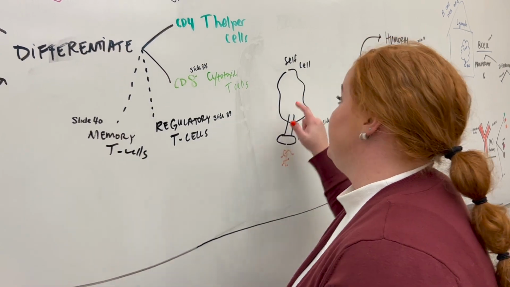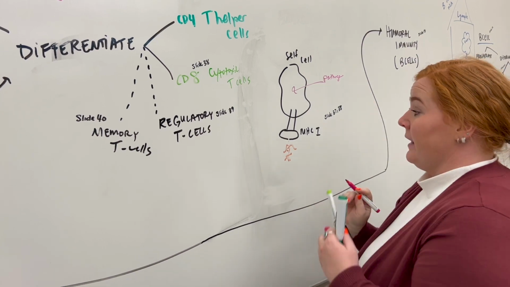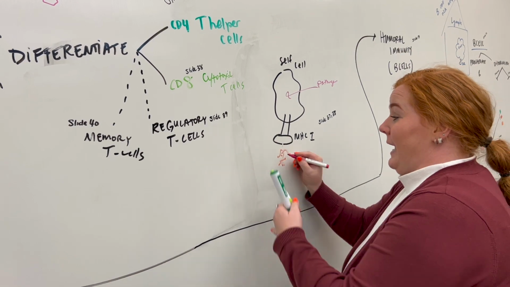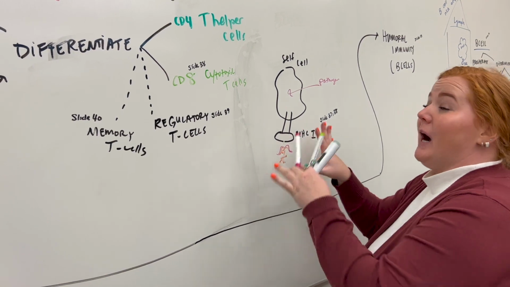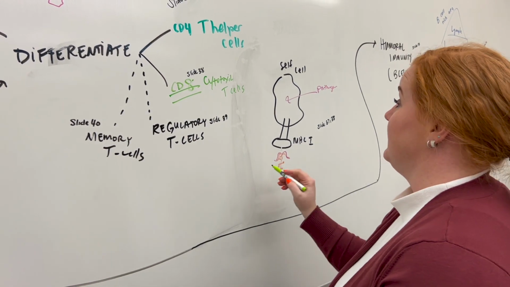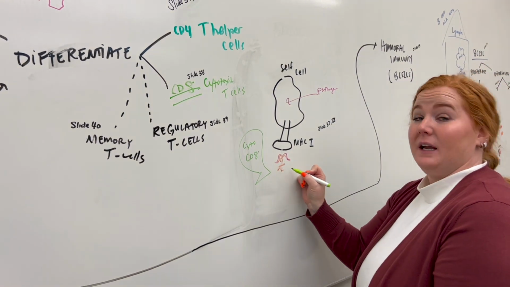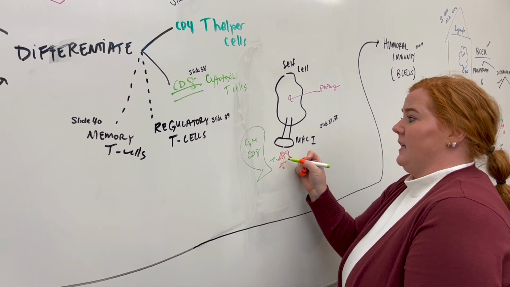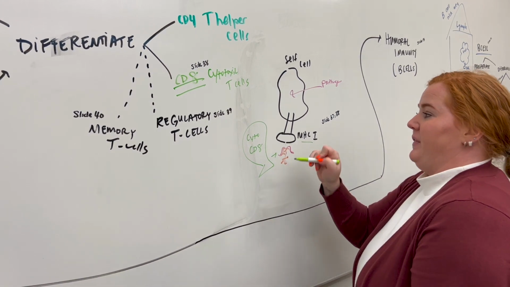Now, if this cell was infected by a pathogen, then the signal on the MHC class 1 would look like me, but maybe have like pink hair. So it's trying to pretend that it's okay, but a CD8 cytotoxic T cell that comes by is gonna recognize that this is not self. It's gonna say, hey, usually the signal on your MHC1 is a nice, cute little redhead, but this is not right.